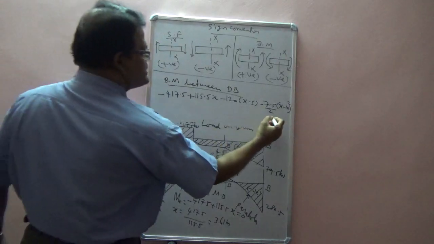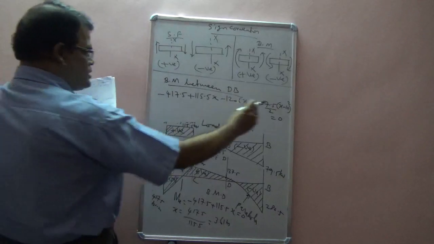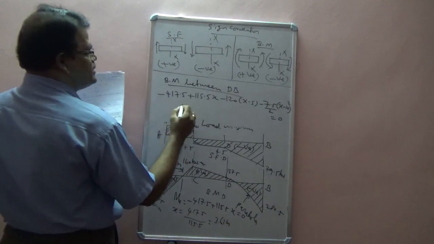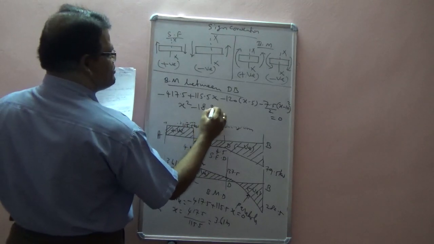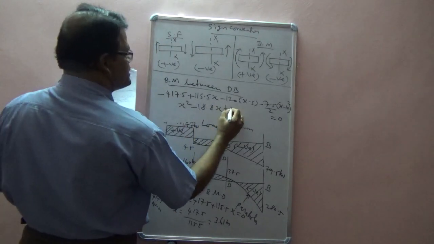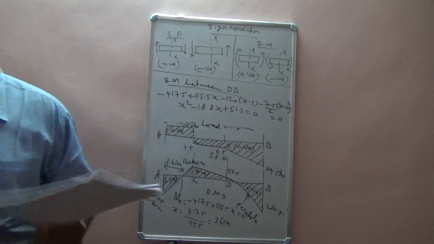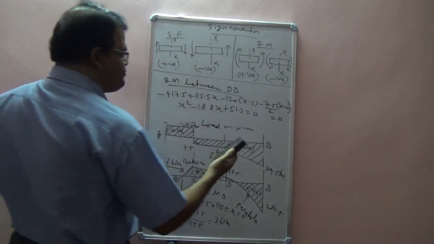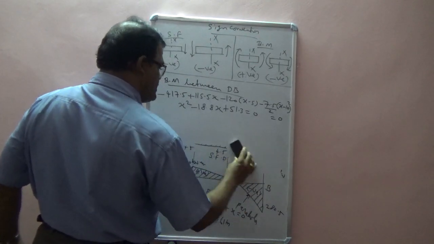So this is equal to 0. Expand this equation and simplify it. After simplification you will get x squared minus 18.8x plus 51.3 equal to 0.